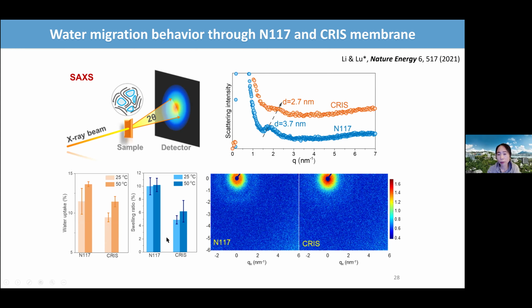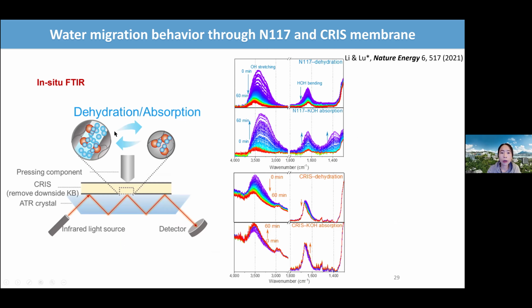swelling as well. And we also use in situ FTIR to try to understand how fast or how slow the water molecules can go in and out through this membrane. So we lock onto the water peaks and observe the evolution over time as we hydrate and dehydrate the membrane.